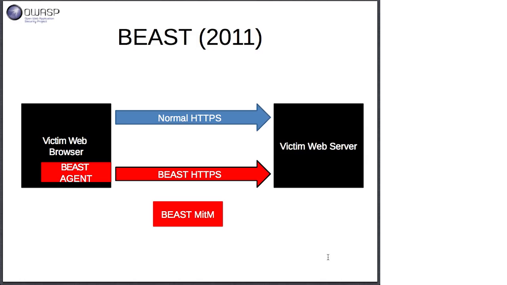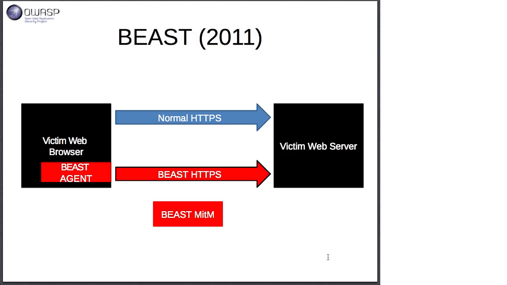Some years ago we saw the BEAST attack. It's actually exploiting the same property as we saw in the padding oracle problem, except we're not attacking the padding. What the authors of the BEAST attack realized was that there was actually a paper published before them which basically said that you can do this, and then they just implemented the attack.